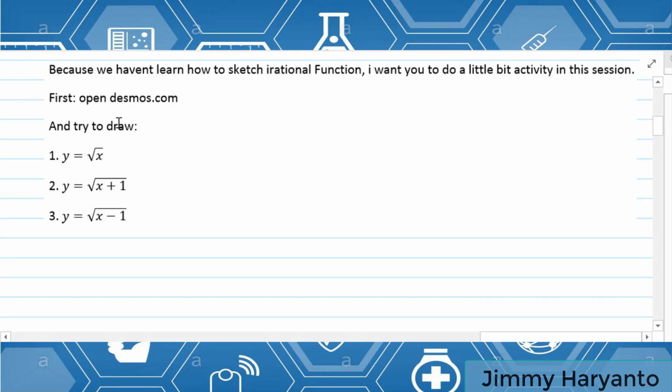First open desmos.com, and then try to draw this one and this one on the same graph. You can pause this video first and try to draw it.